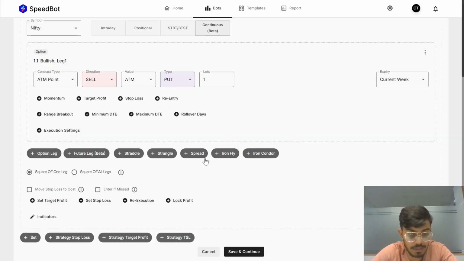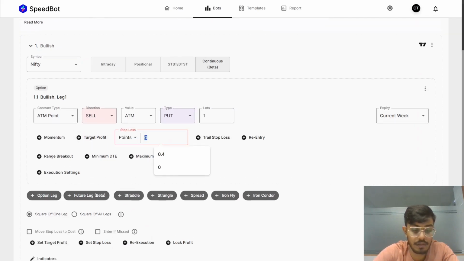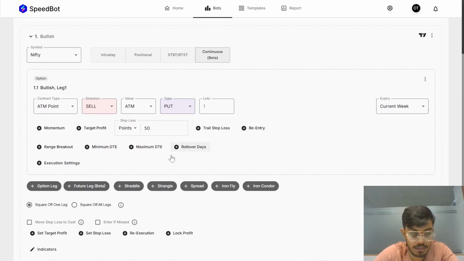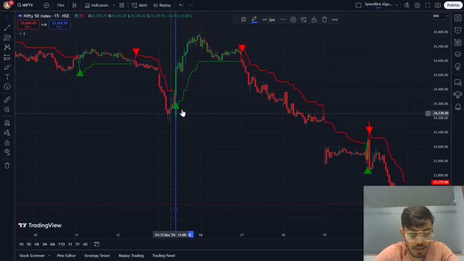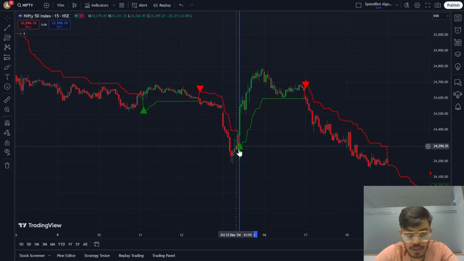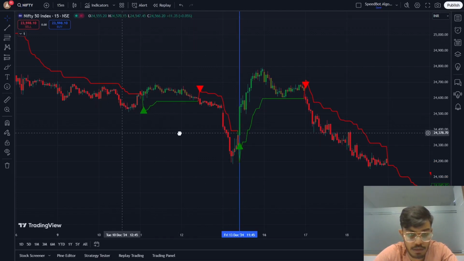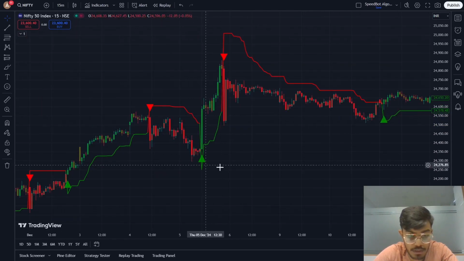And I'll click on the save button. Let me just keep the exit as 50 points for the option contract. So whenever this condition meets on the chart, that is whenever this green arrow happens, then we would be shorting the put. Over here we would have shorted the puts. That is, we would have gone bullish over here.